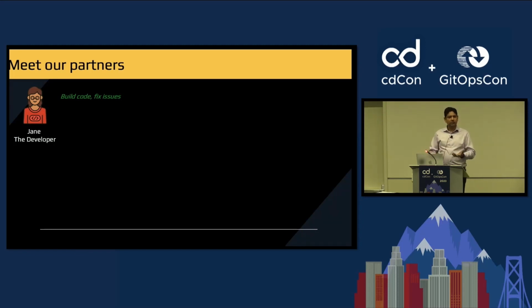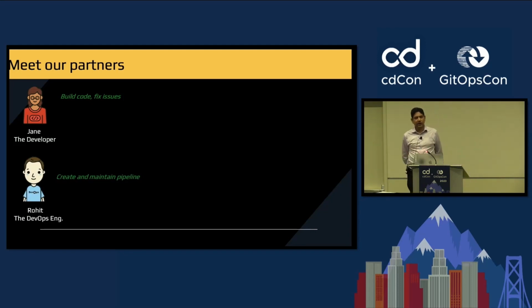All these are the actors or the personas for the CI/CD pipeline. Today I'm going to talk about just 4 major personas. One is the developer. The role of the developer is just to build the code and fix the issues. And here Jane is the developer, just for the namesake.